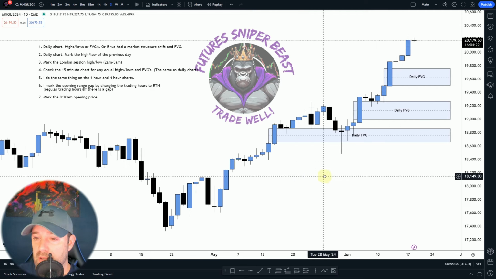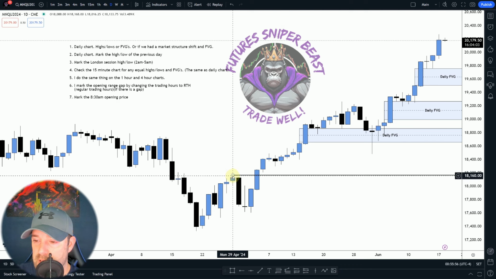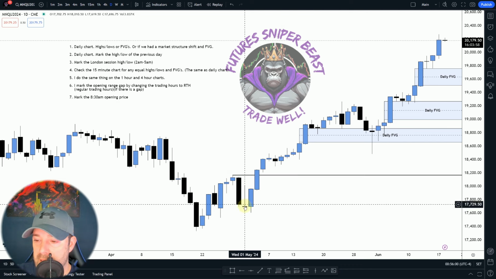Let's see. Like here, we have this fair value gap where it came up. Price was coming down, came back up, down, and then we have a swing right here. That's going to be a swing because the left and the right are below this point. Came back down, and then what do we have here? Went through the swing, left a fair value gap right there.